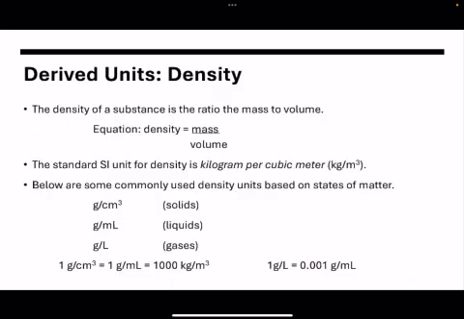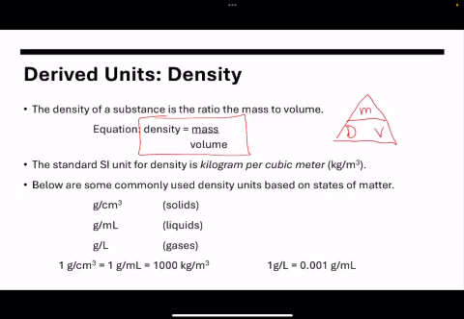Here we have density, which is another common measurement that we use to describe the property of a substance. And the equation for density is mass over volume. You might remember your high school science teacher showing you a density triangle. In this, you have density, and then you have mass, and you have volume.